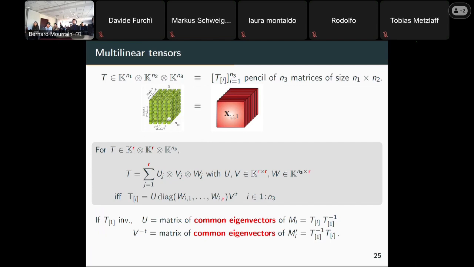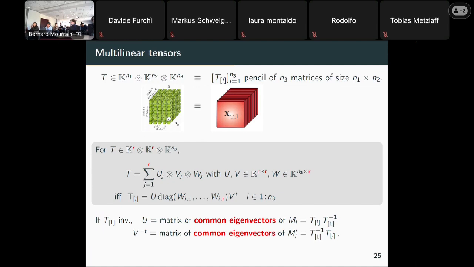So Ti, the slice i, is the matrix U formed by the columns Uj times the diagonal of the Wj,k times the transpose of V, where the columns of V are formed from the columns Vj. But this is an explicit assumption.